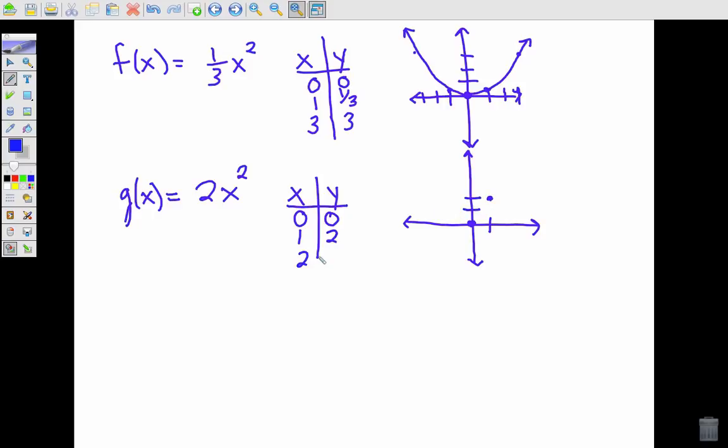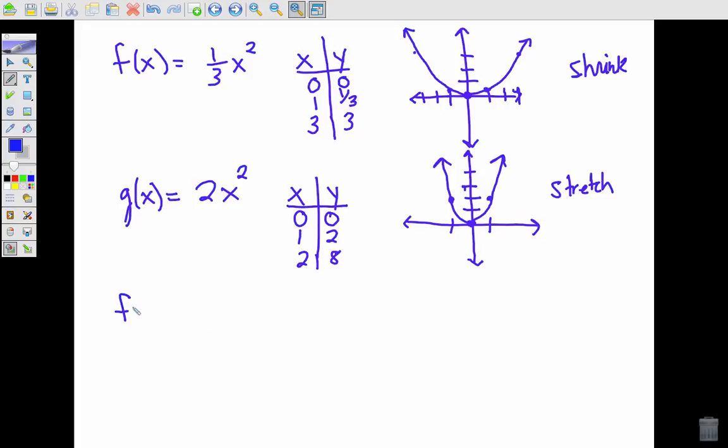And if I put 2 in, 2 times 2 squared, so 4 times 2 is 8. So it's going to definitely increase a little faster, and that would be my reflection, and so on. So this one has a vertical stretch to it. Okay, so this one up here was a vertical shrink. This one had a vertical stretch. That just reviews what the a value does to our graph.